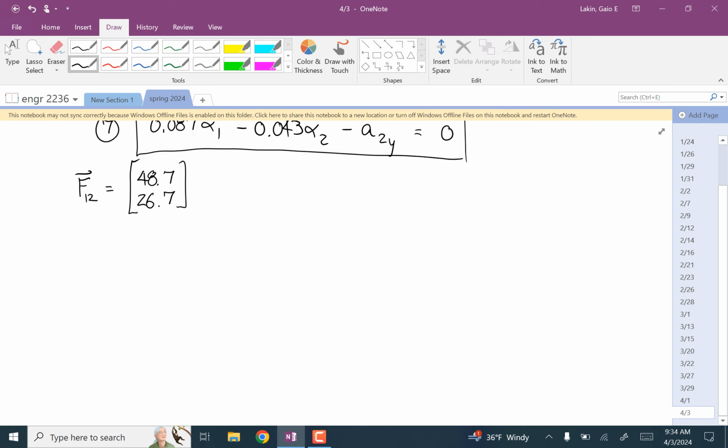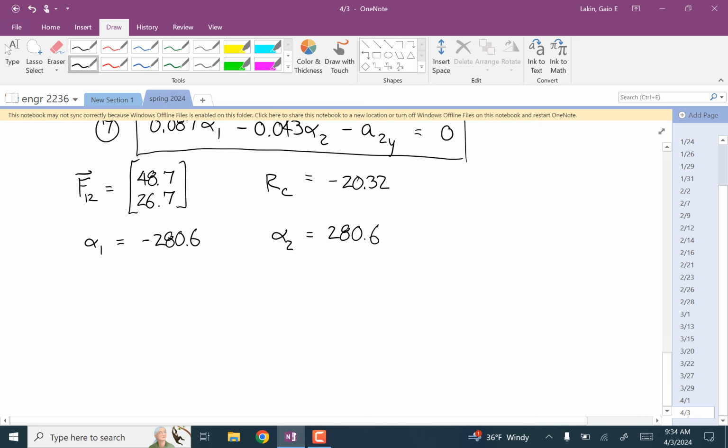And then our C, I got negative 20.32. And then alpha 1, I got negative 280.6. Alpha 2, I got positive 280.6. And then the acceleration of the center of mass of 2, I got negative 69.0, negative 36.5.